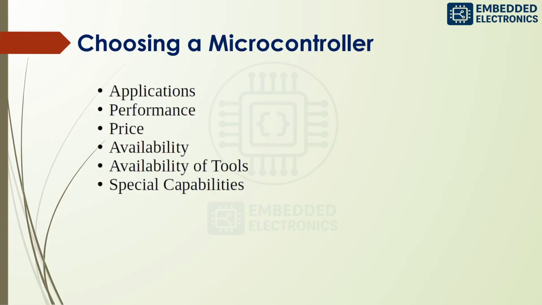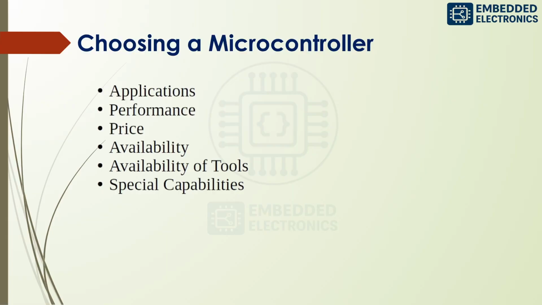Many products were stopped for this reason, because their microcontrollers were unavailable. So you need to verify the end of life of the microcontroller, whether it is available or not.